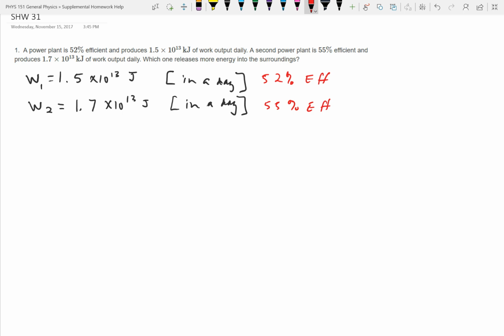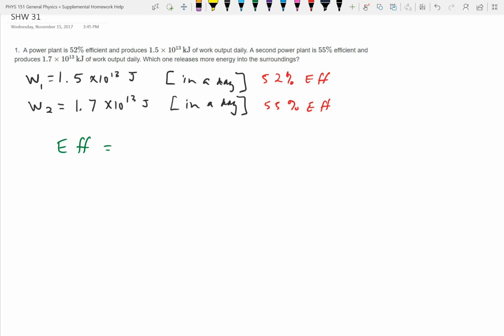Now, at this point, we didn't go over this in class yet, so we have to think about this logically. You can totally do this. It doesn't take specific knowledge. If it is 52% efficient, what does that mean? 48% is lost. So the efficiency is equal to the output. What's the output of your power plant?